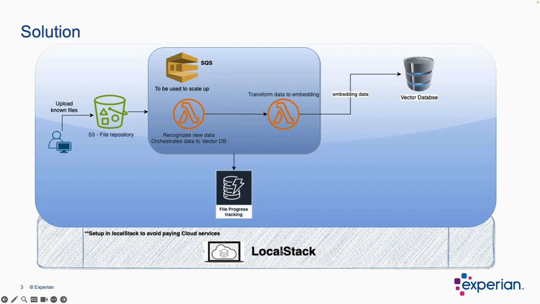We have a solution that is also implemented in LocalStack. That means that we don't need to pay for any cloud services because everything can be developed and changed locally before going into changes into production.